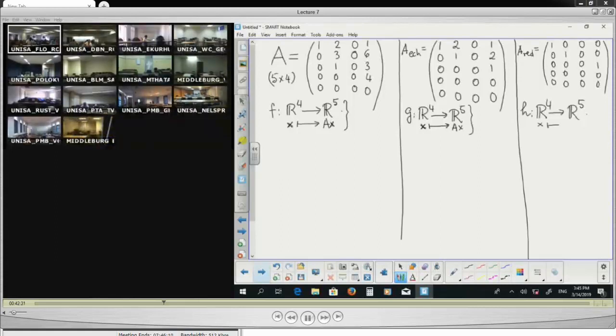But what do I mean by this F is being represented by A? It means that the matrix of F is A. When I didn't say anything, I meant matrix with respect to the standard basis. Okay?